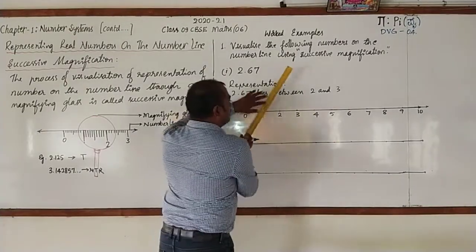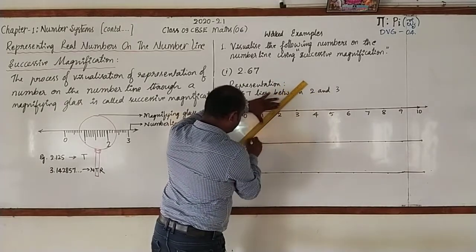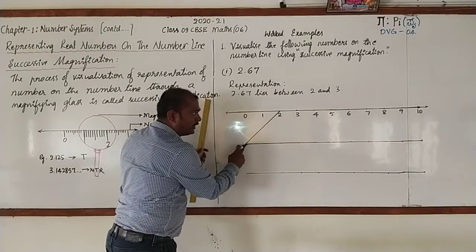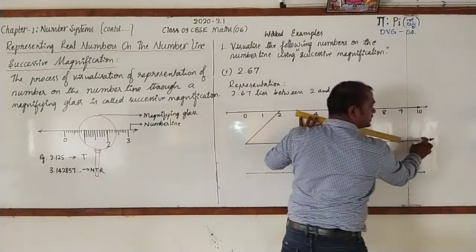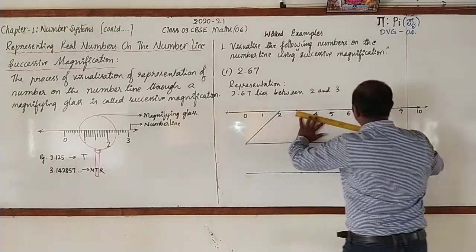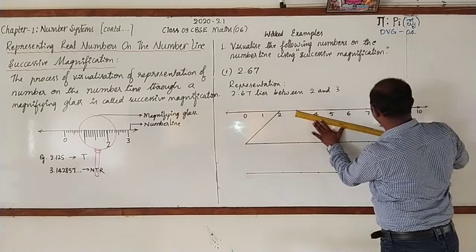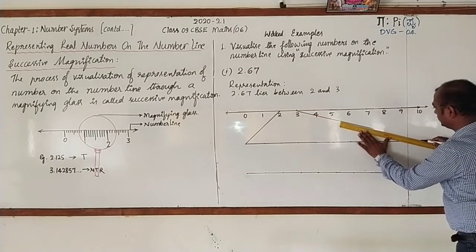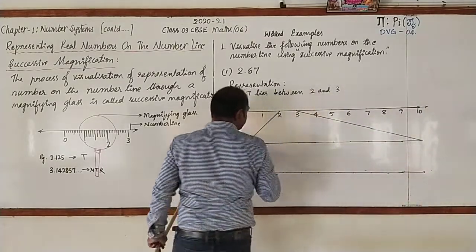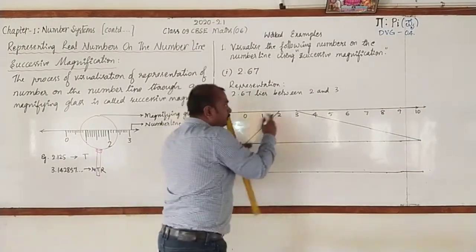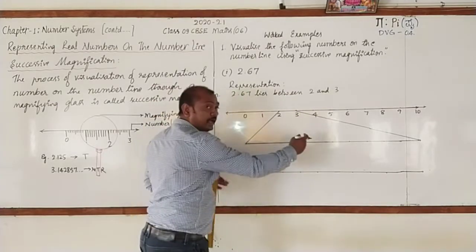Observe: when we expand 2 and 3, from this initial point to this initial point. Now, which point is it? It is 2. Between 2 and 3, again some divisions will be there. I am going to write them also.